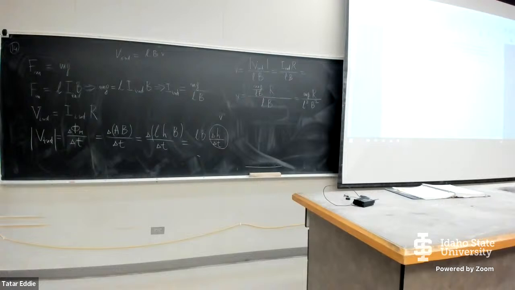You have a loop with given size and current flowing in it, in a uniform magnetic field in the direction that is shown again in the diagram. What is the magnitude of the torque exerted?